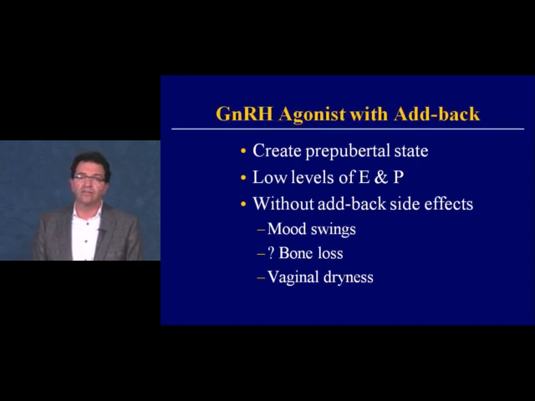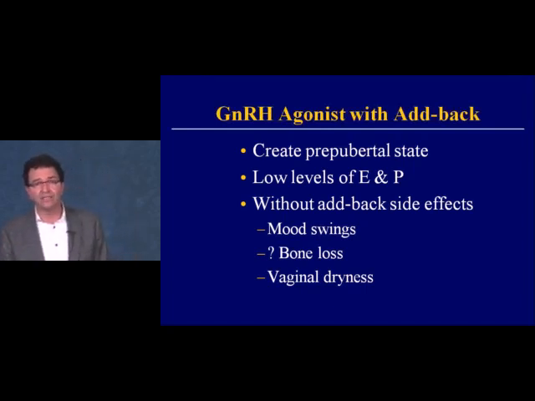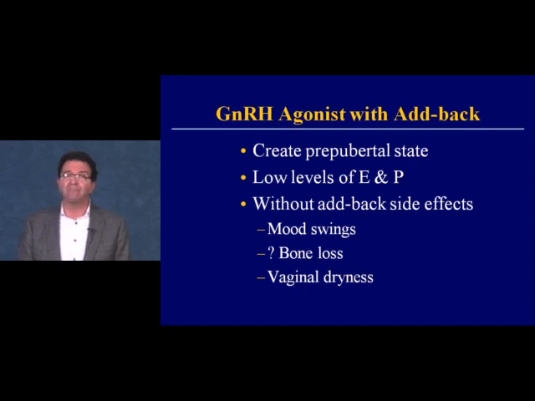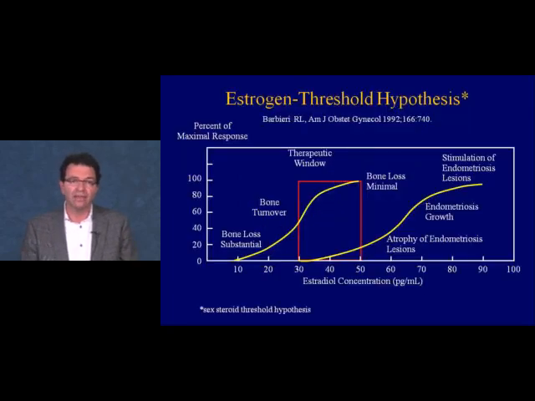With lowered levels of estrogen and progesterone, we do end up creating side effects that are similar to menopause. So without add-back therapy, which is adding back a small amount of sex steroid, patients will have mood swings, vaginal dryness, and potential bone loss. So I always prescribe GnRH agonist with add-back therapy.